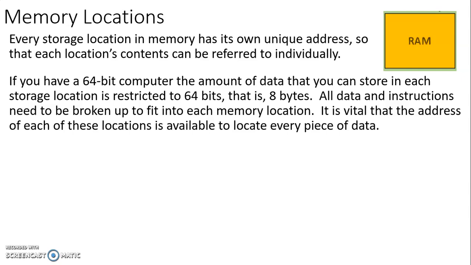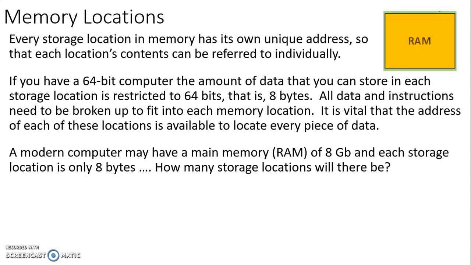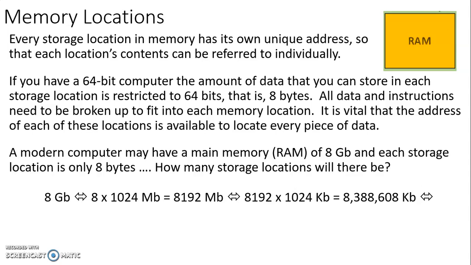A modern computer may have a main memory, or RAM, random access memory, of 8 gigabytes, and each storage location is only 8 bytes. So how many storage locations will there be? This is how we then calculate it.